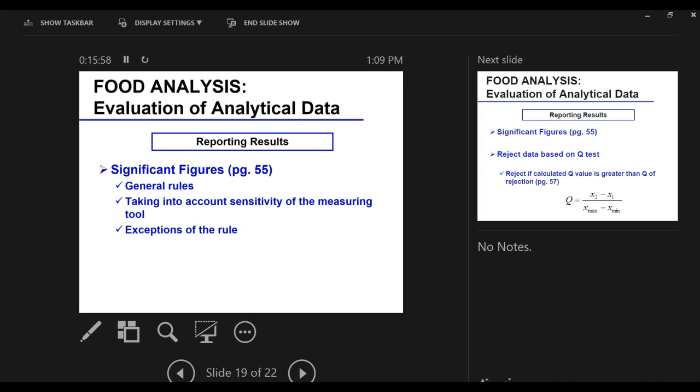Then round to the correct significant figures. Don't round before you get the final answer. Once you get the final answer, then think about what should it be? How many significant figures should my answer be based on multiplying these numbers? 2. Thank you. So the value of the least significant figure. So I have 2 significant figures. This is the value that limits my significant figures.